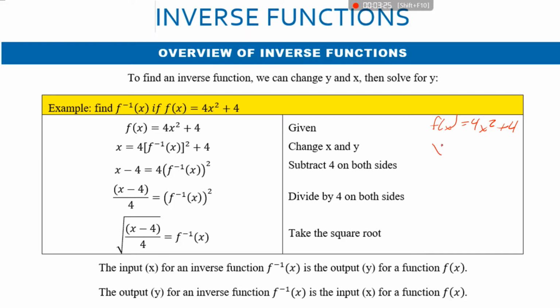So now my new input is where my output was. And my new output is where my input was. So I was squaring that, plus 4. Okay, so this is x minus 4 divided by 4 would be my inverse function squared. And then take the square root.